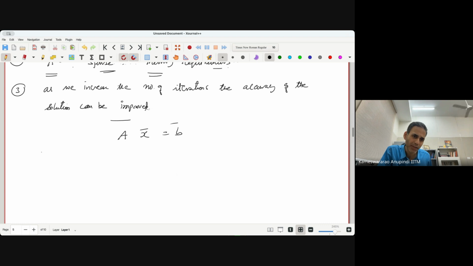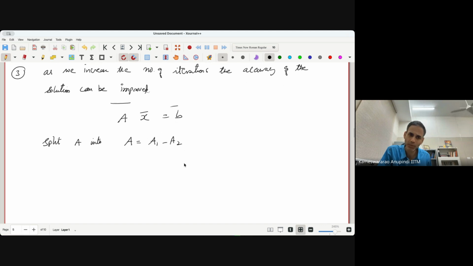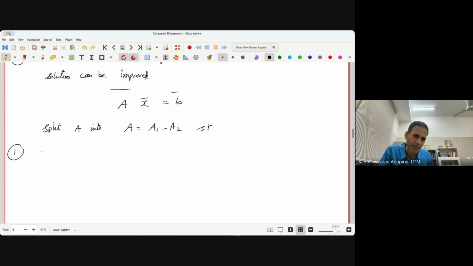So the general idea is to split A into A1 minus A2, such that the following two conditions are satisfied. First, it is easy to invert A1 and obtain a solution.